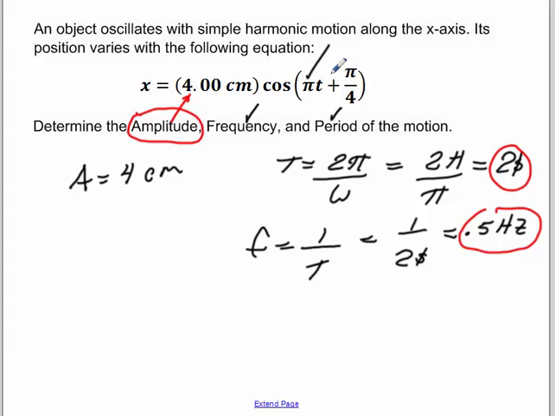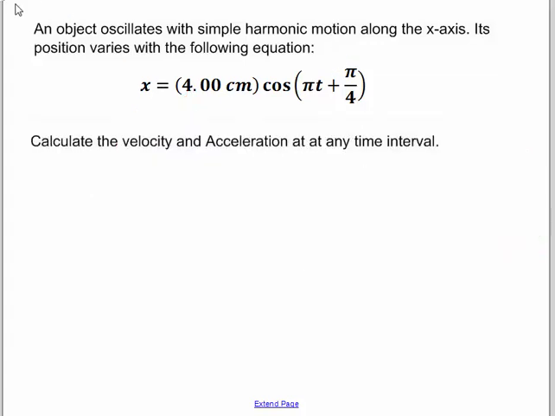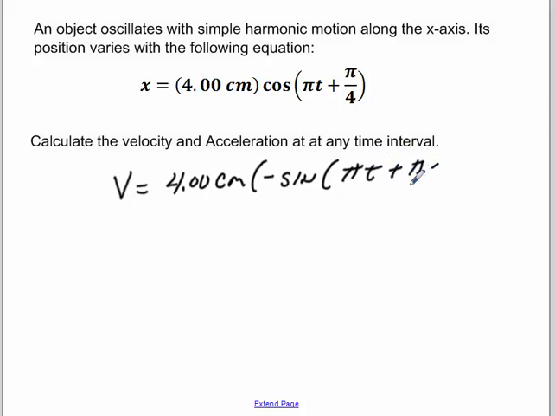All right, let's go ahead and move on. I want to calculate the velocity and acceleration at any time. All we have to do now is take the derivative of this. Again, we'll use the chain rule, and I will get my velocity is equal to, I'll work through the whole thing, 4.00 centimeters. We take the derivative of this, which is going to give me a negative sine times what's inside, pi t plus pi over 4.